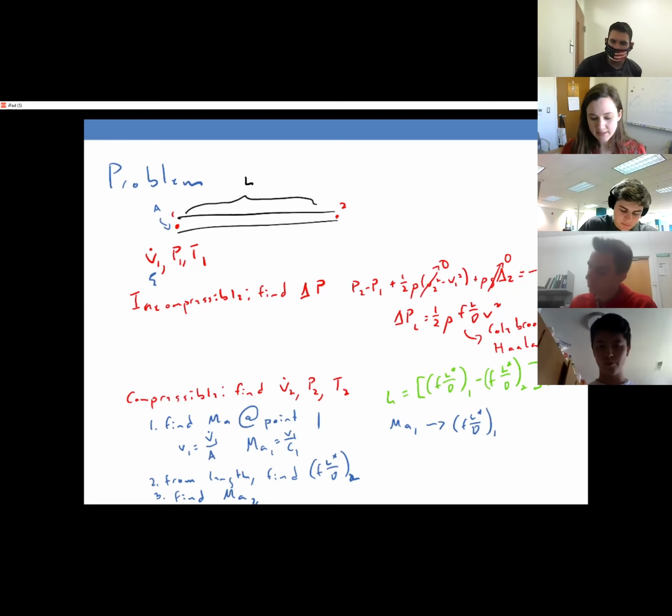And then you can use that equation, which we used in the last one, to find F L star over D at 0.2.